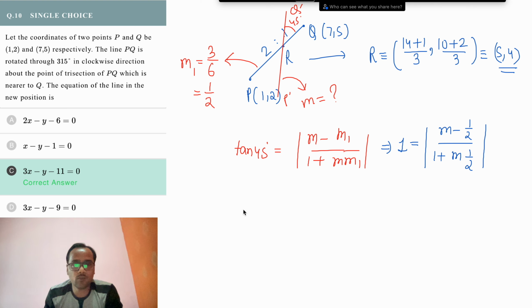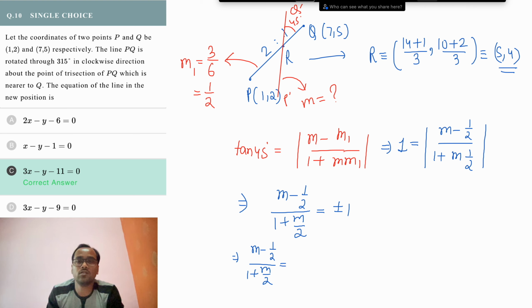So if you open this mod, this would be (m minus 1 by 2) upon (1 plus m by 2) is equal to plus minus 1. If you take plus 1, you would be getting (m minus 1 by 2) upon (1 plus m by 2) is equal to 1.